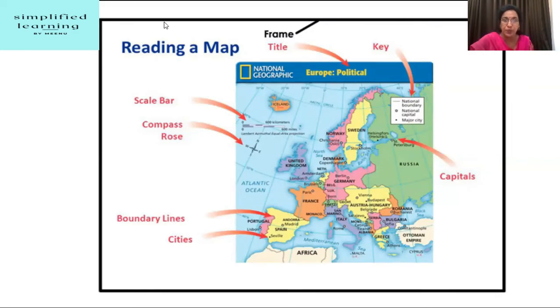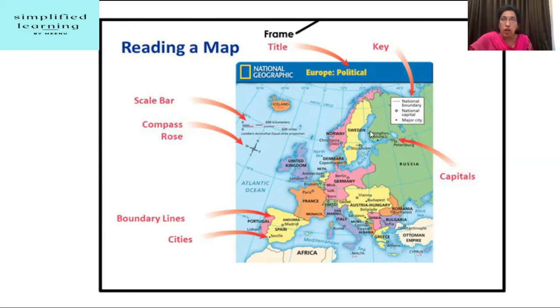Clear? So here we know the title is Europe Political, meaning it is a political map of Europe, that is a continent. Clear? Now, the next is what is inside this map of Europe.